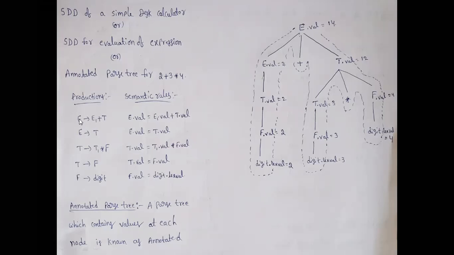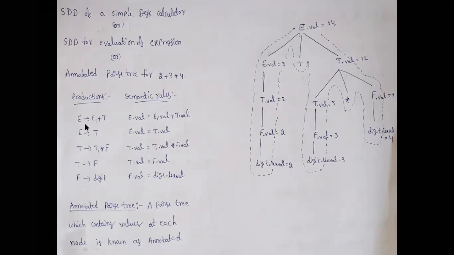So we write E produces E1 plus T. But when constructing the parse tree, there is no difference between E and E, so we write just E and E in the parse tree. But in the productions we show some difference. We write E produces E1 plus T and T produces T1 star F.